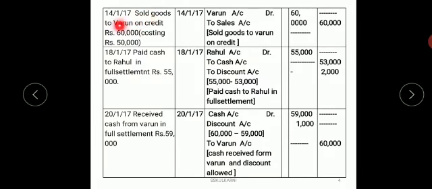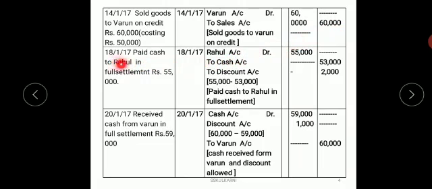So I will have an increase in my debtors. So debtor is an asset. So Varun's account is debited because he is my debtor. Increase in debtor asset. So his account is debited. Varun account is debited to sales account. Sales is an income, generating income, so credit, increase in incomes, so 60,000 and 60,000.